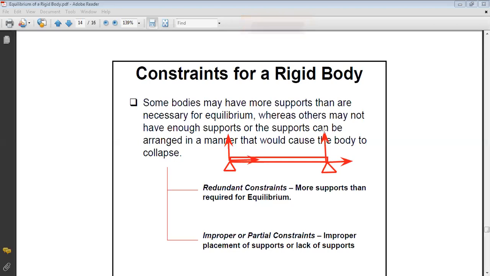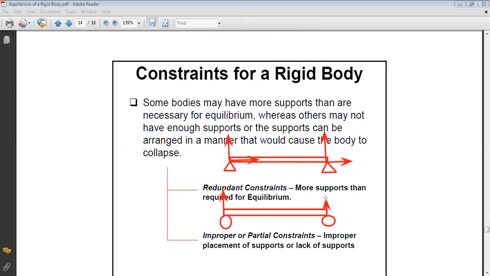Now, the second type is improper or partial constraints. What do we mean by this? For example, if I give you this beam and I put only 2 rollers, I don't put a pin, okay? Then in this case, I will have only forces in AY and BY, okay?